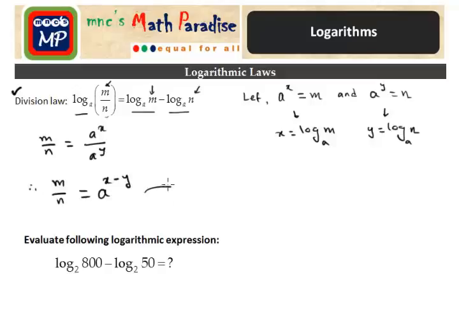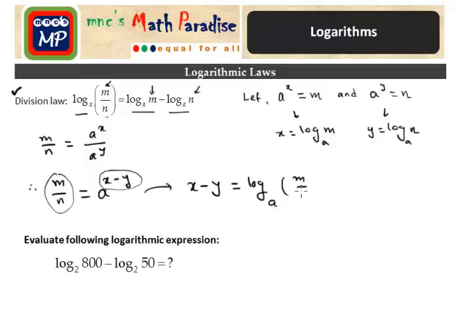So now from here, this is an exponential equation. If we convert it into log, then a to the power x minus y equals, this is the value, m division n. So this power x minus y will be log of this base a, and the value is m division n.